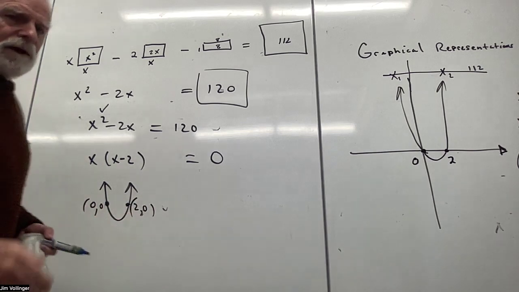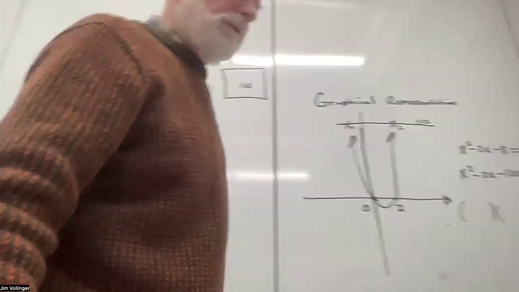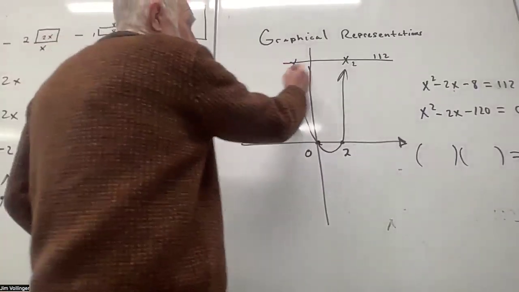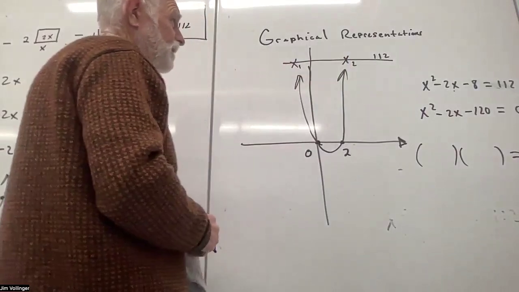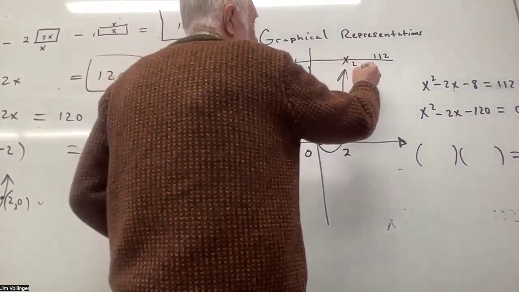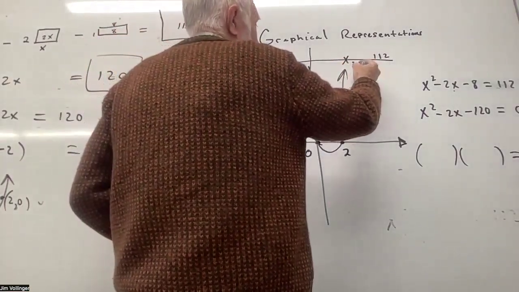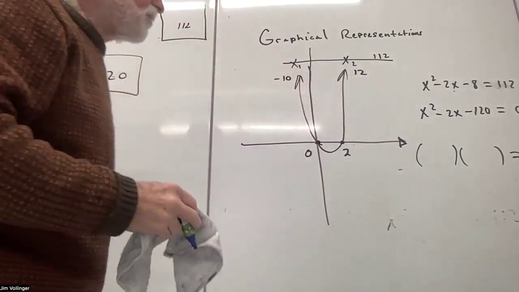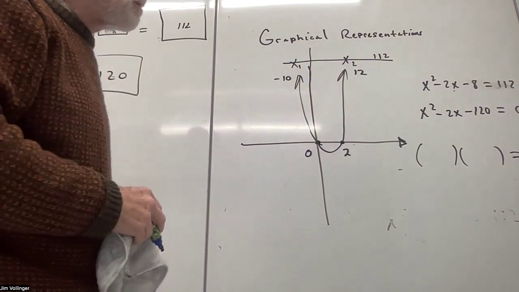And I'm trying to figure out when it equals 112. That's a little more accurate picture. And I can see an x and another x. And is it believable that this one on the right could be, I think we said 12, and this one on the left, negative 10? I hope so, if I drew a decent enough picture.